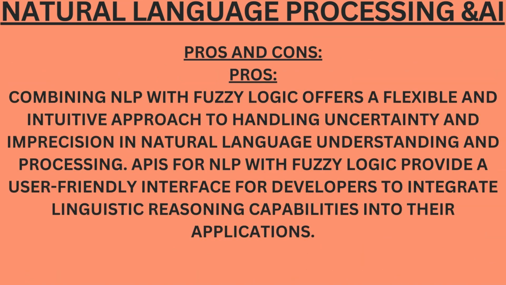Pros and cons. Pros. Combining NLP with fuzzy logic offers a flexible and intuitive approach to handling uncertainty and imprecision in natural language understanding and processing. APIs for NLP with fuzzy logic provide a user-friendly interface for developers to integrate linguistic reasoning capabilities into their applications.